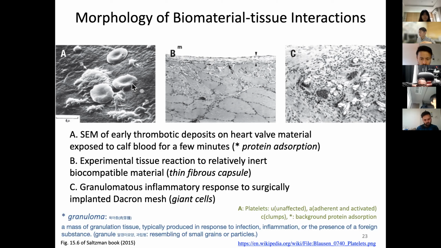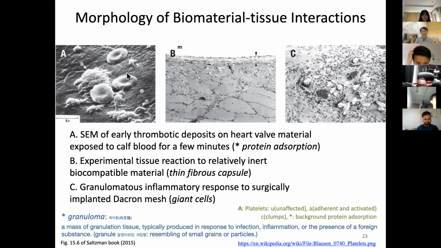But here, I want to discuss a little more. So this small a and small c. This is a red blood cell. Somehow RBCs are attached to this, and you can find U and A. This U is unaffected platelets, and for A, the difference is that the platelet has some arms coming out.